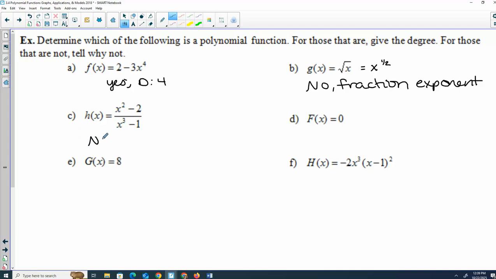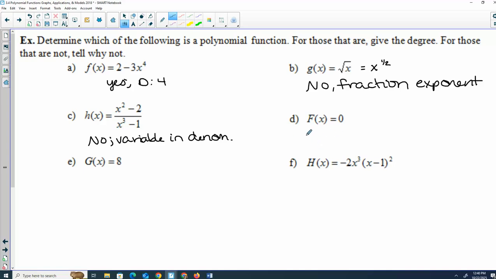So, no, your reason, you could say variable in the denominator. It'd be okay to divide by 5, have 5 on the bottom, but having a variable on the bottom is like having a -1 for your exponent. Polynomials can't have negative exponents. Alright.